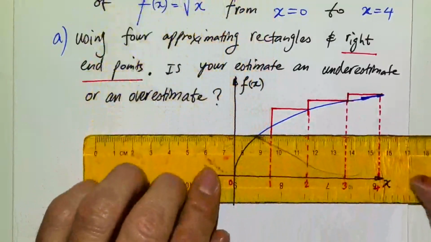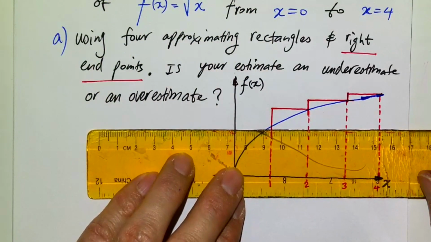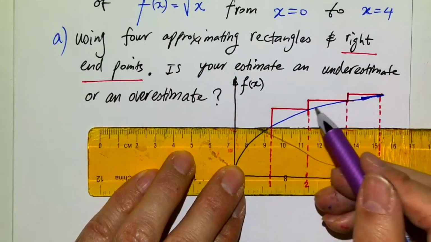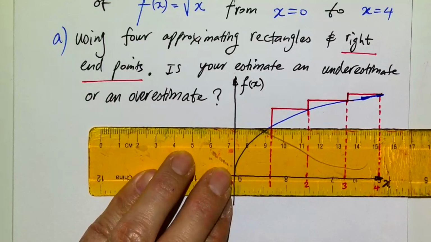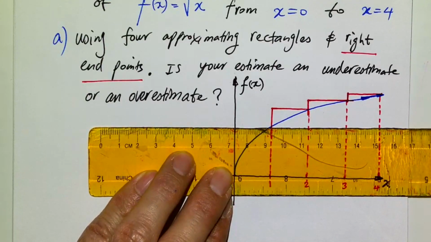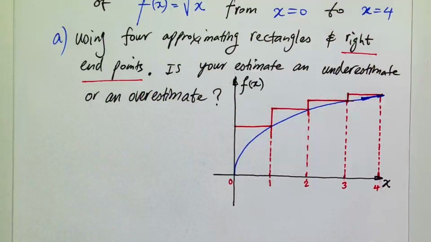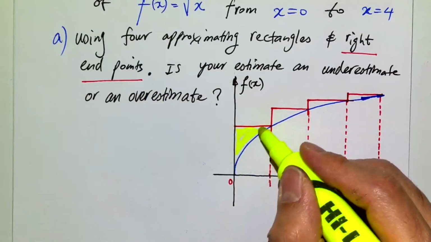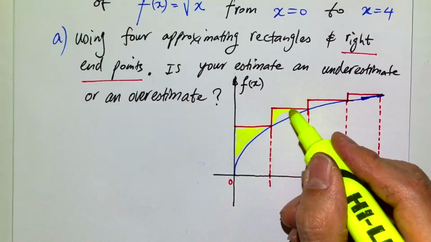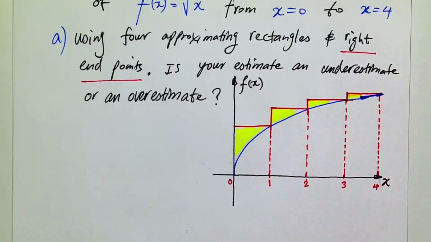So what do you think we're going to get? Do you think we're going to get an underestimation or an overestimation? It's clear, right? Look at all this extra space, extra area. We're going to get an overestimation. It's clear. Like that. So these regions will cause an overestimation.